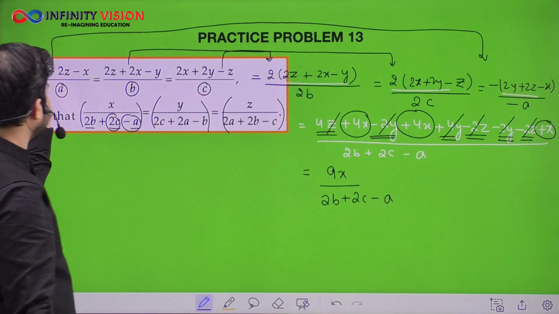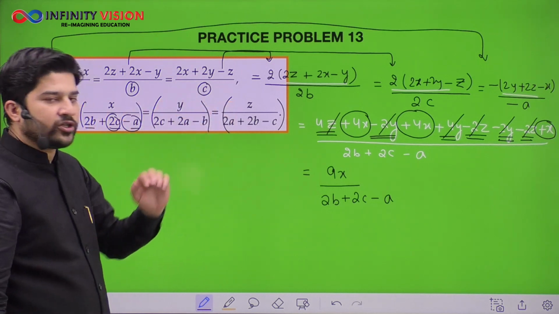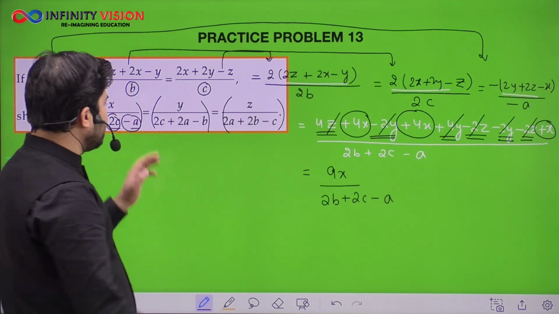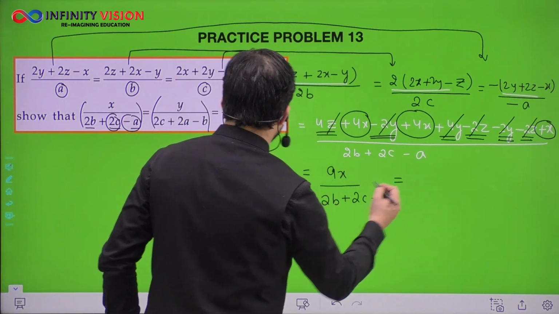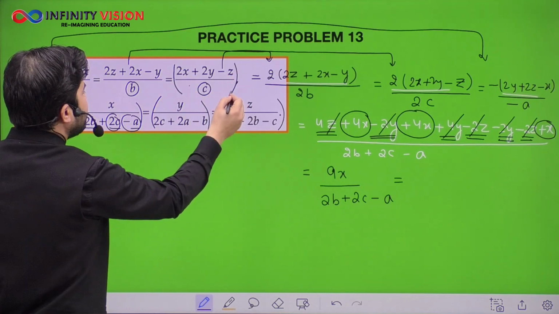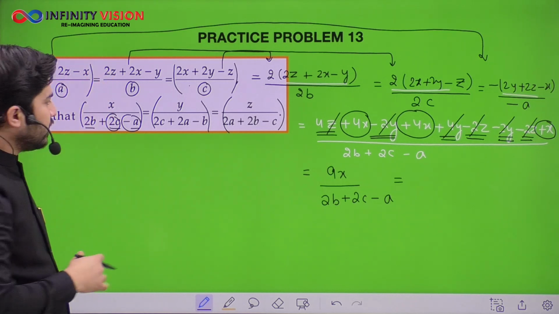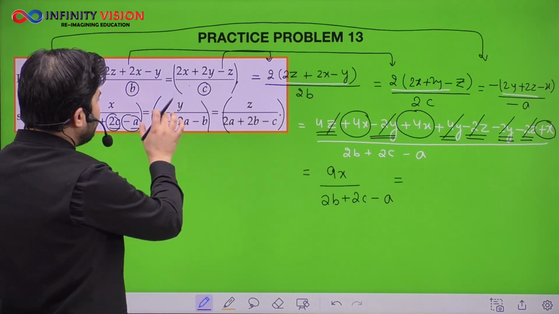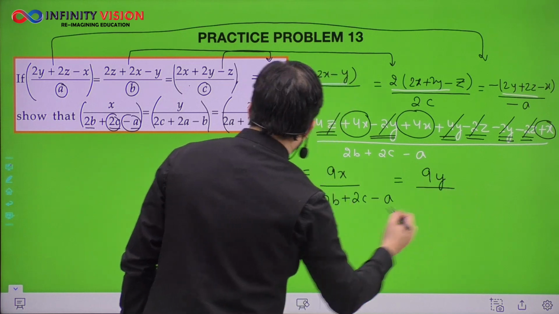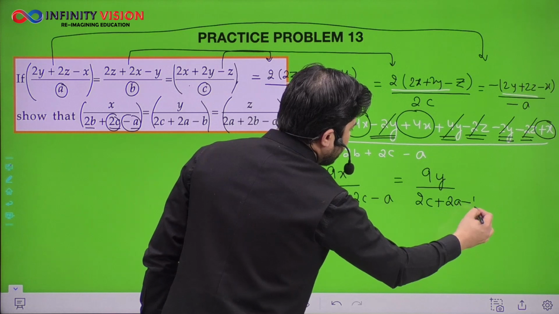Now you would notice that all the three ratios are very symmetric in nature, and also what you need to prove is very symmetric in nature. So by symmetry you can say the second one, if you double this up 2c and then double this up 2a, and then minus b, you would be able to guess that this is going to be nothing but 9y upon 2c plus 2a minus b.